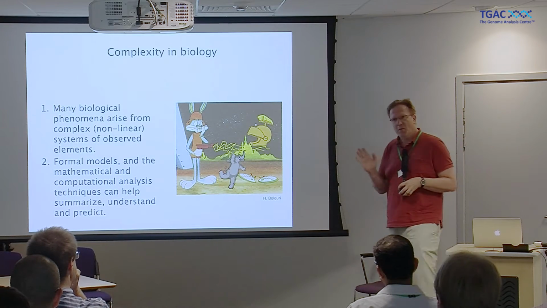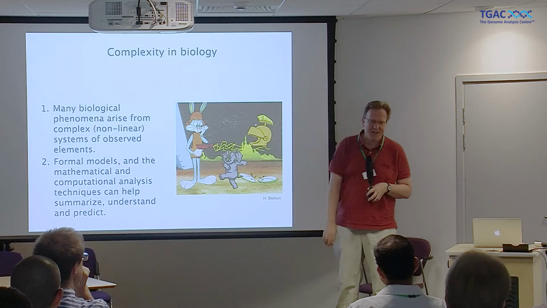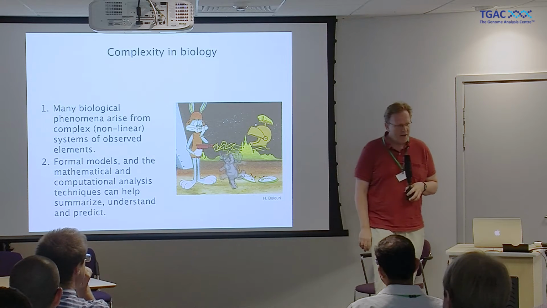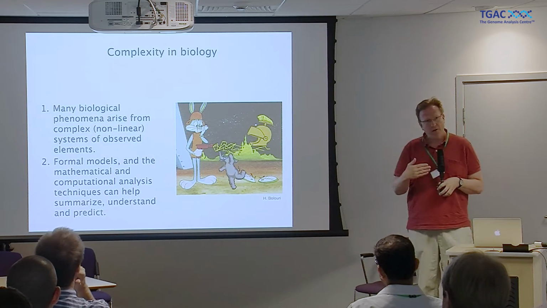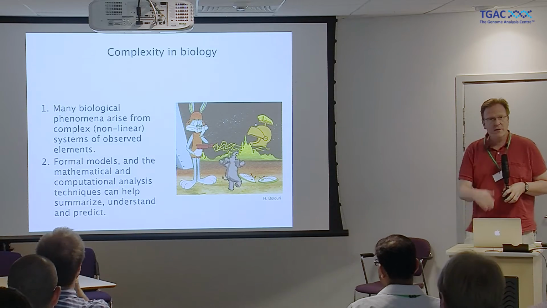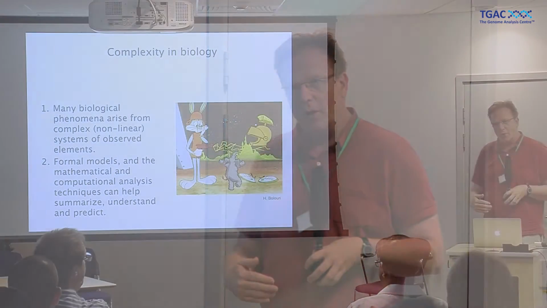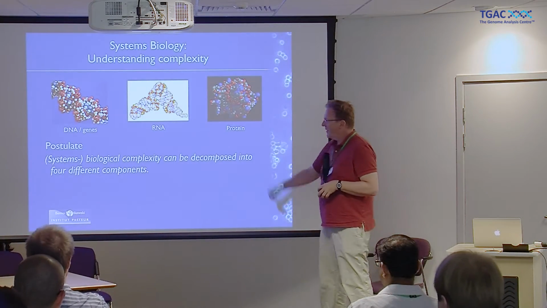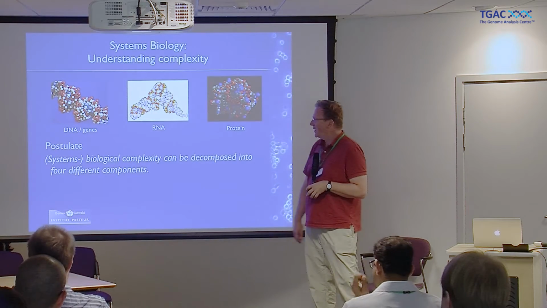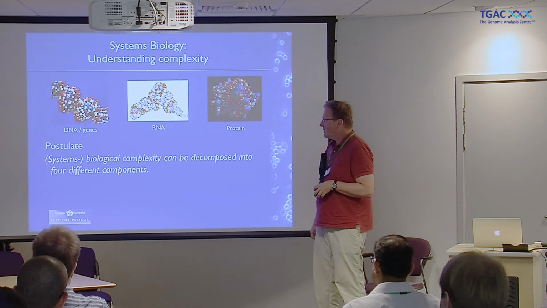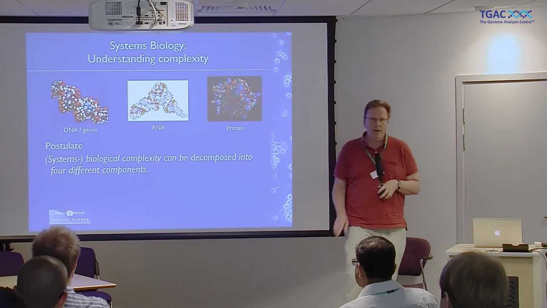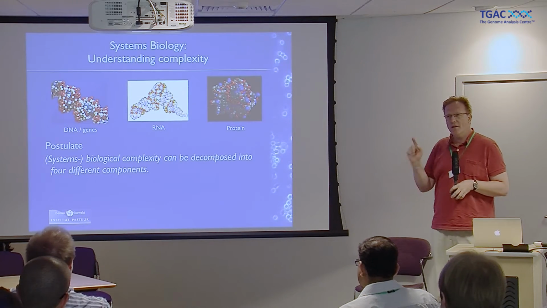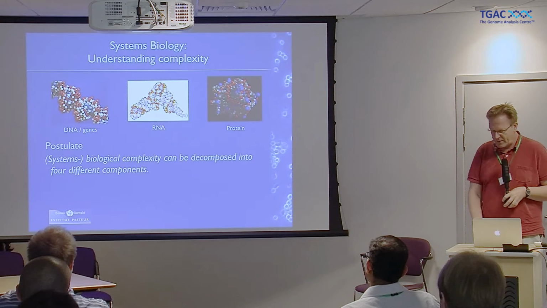Excuse me if you're interested in the clinical aspects or the biology; I'm not going to talk a lot about that, but more about the connection between visualization and complexity, since I know that most of you have a computational background. But still, I think the perspective is important on what it is that we're actually trying to do. And there, for the occasion, I wrote down a postulate, namely that systems biology complexity can be decomposed into a number of specific different components, and there's something that follows from that for visualization.